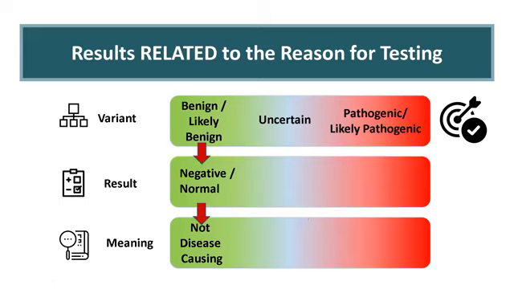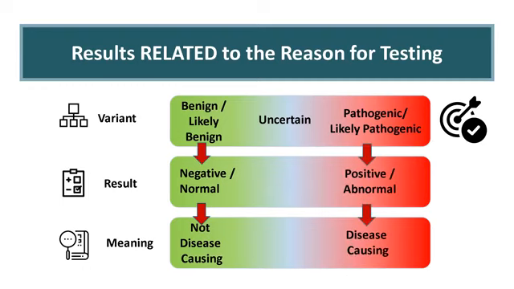A negative test result is when either no variants were found or the variants that were found are either benign or likely benign. A normal test result does not always exclude the possibility of a genetic cause, and a different genetic test may be recommended.